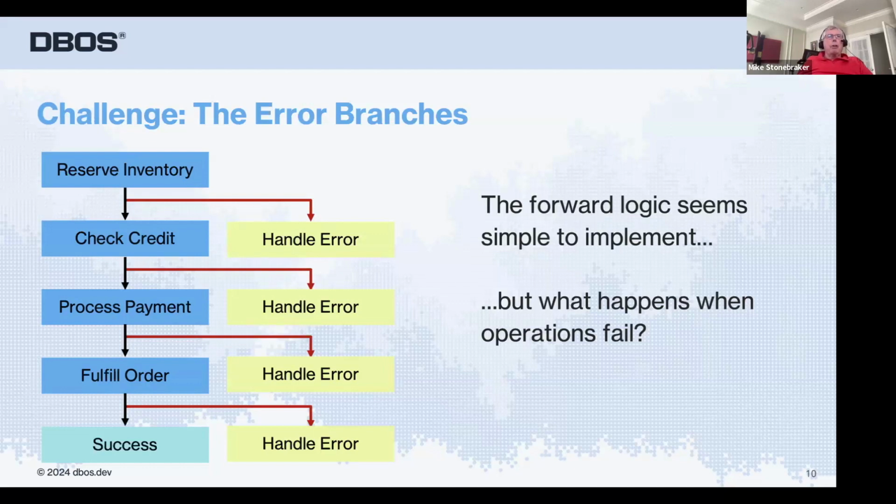If there's a credit check failure or a payment processing failure, again, you've got to handle the error. And then if you get all the way down to fulfillment, if the user's given you a bad address, then you can't possibly fulfill the order and you've got to do something. As often as not, what that will mean is backing out everything.